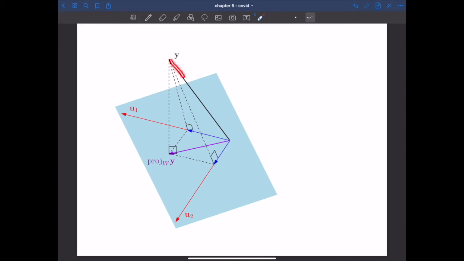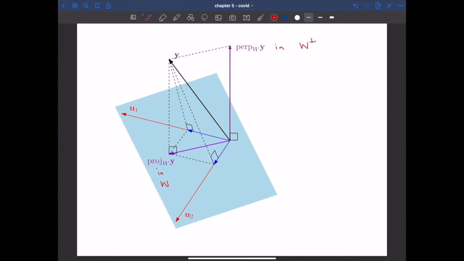So if I take the vector y and I subtract off of it the vector projection of y onto W, it's going to leave behind this vertical piece here, the orthogonal component of y with respect to W. Now this piece, this orthogonal component, is going to be perpendicular to the plane W. Or in other words, this piece here is going to live in W perp, while the projection vector lives inside of W. So this kind of explains for us why that formula we saw at the very beginning actually works.